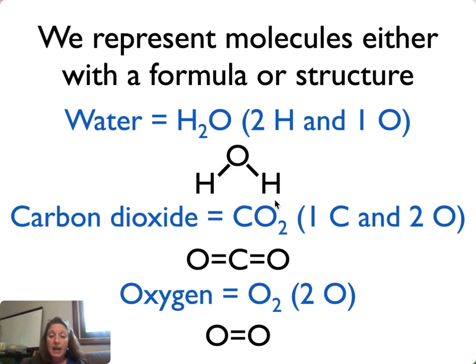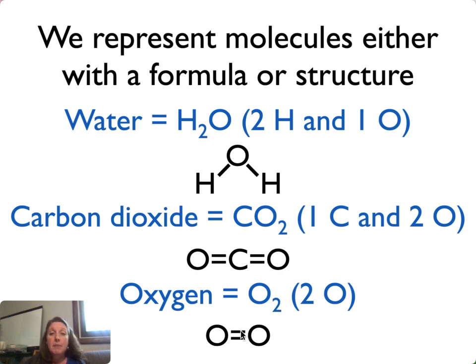Same thing with carbon dioxide. CO2 tells us that we have 1 carbon and 2 oxygens. And if we draw the structural representation, then we can see that carbon has 2 bonds to oxygen and 2 bonds to another oxygen. Molecular oxygen is 2 oxygen atoms, and we represent that like this.